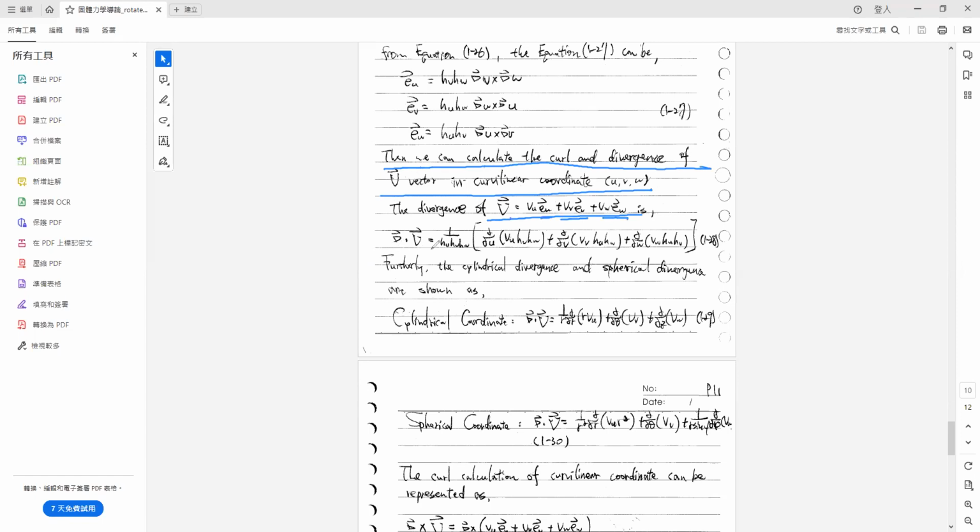The divergence of vector V, we can describe by the scale factors like this. Furthermore, the cylindrical divergence and spherical divergence are shown in this form. At first we must know the HU, HV, HW of cylindrical coordinates and spherical coordinates, respectively.